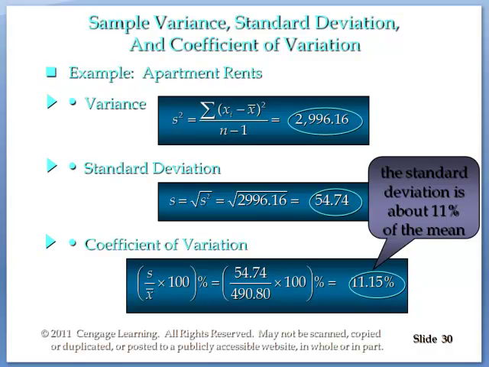Finally, if you divide 54.74, which is the sample standard deviation, by the sample mean of 490.8, you would get a value of 11.15%, which, as you can see from the box, means that the standard deviation is about 11% of the mean.